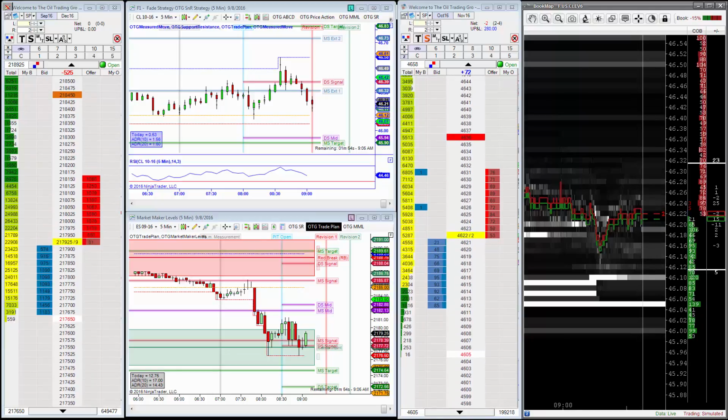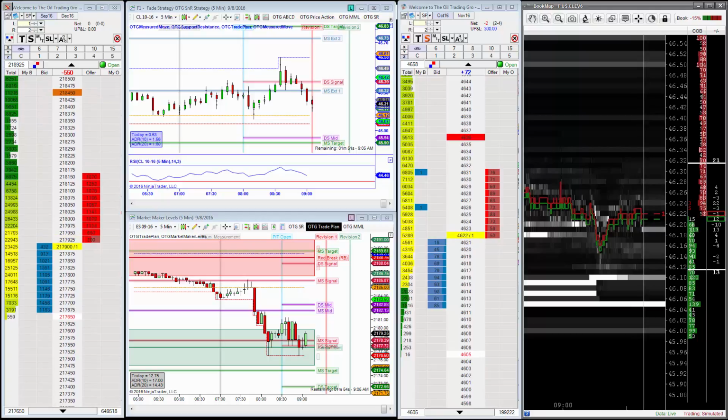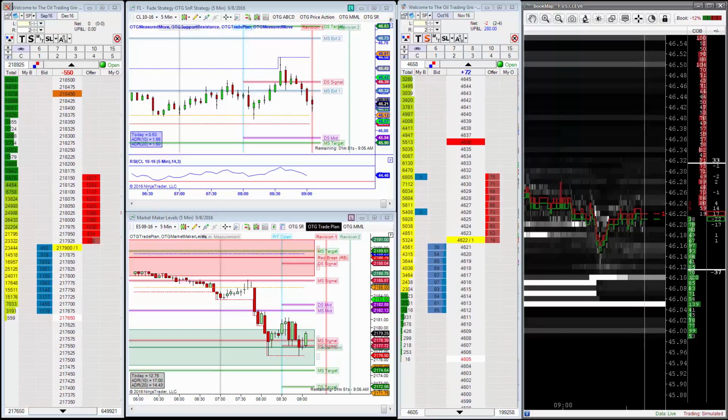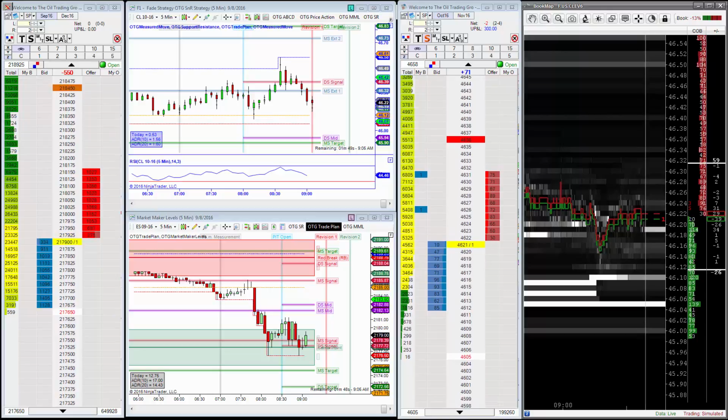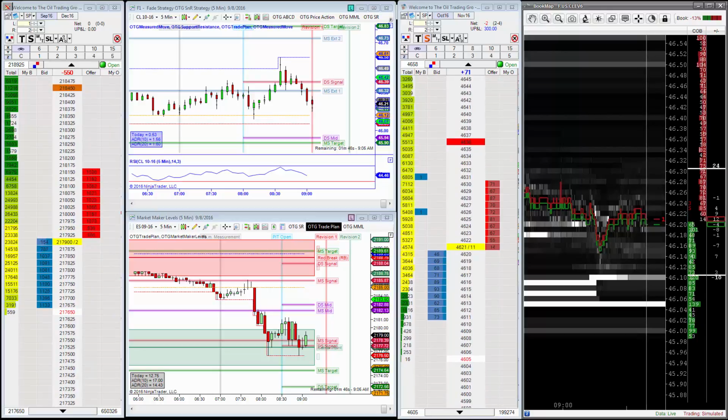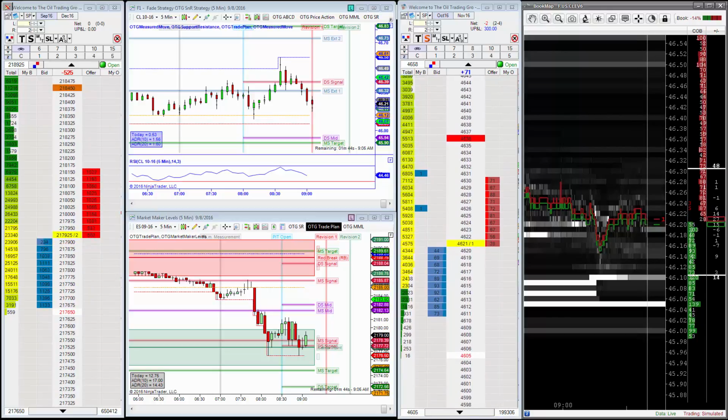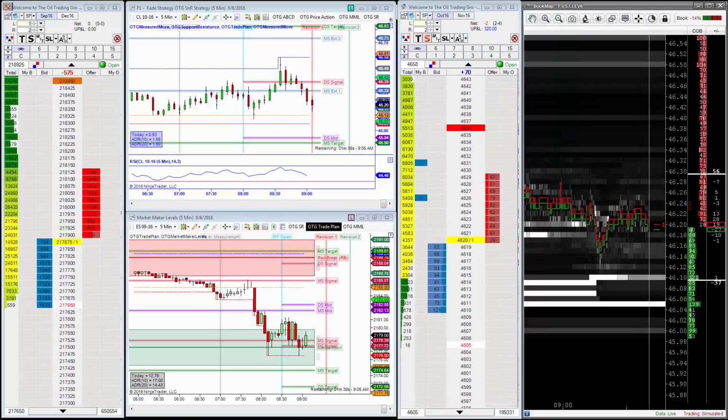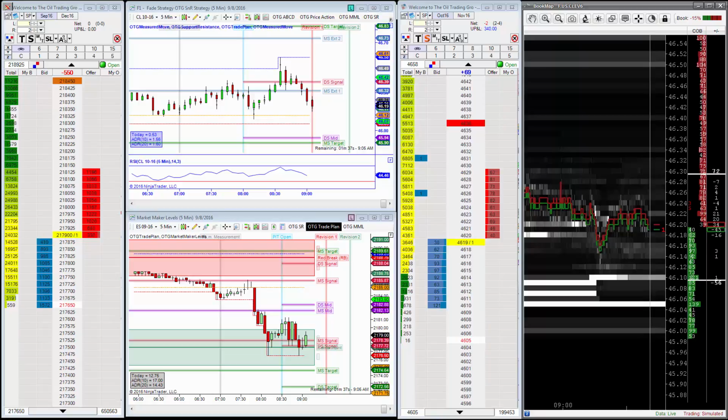There's 22, 21. We've got to get underneath. Need to get back underneath that 18. So what was tough here remains tough at 21.20. There's 19.